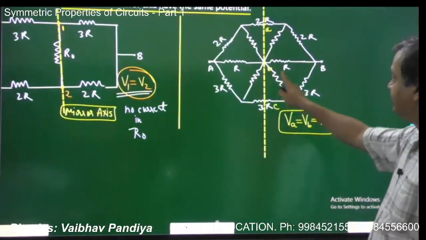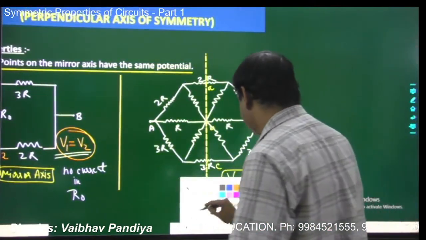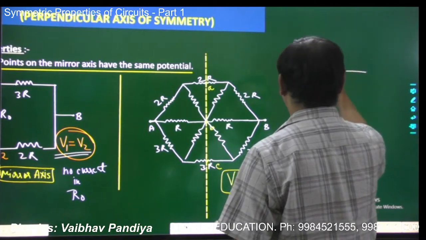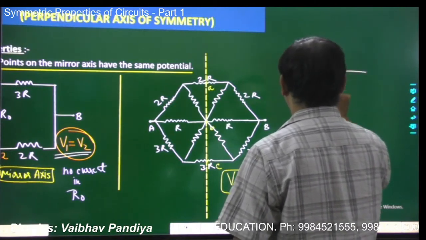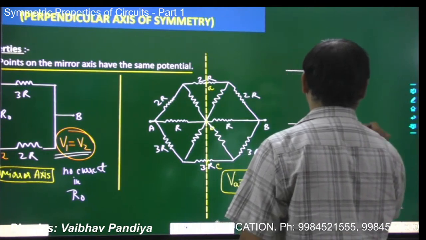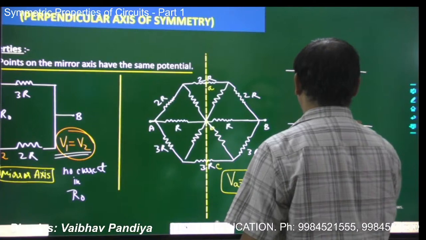Now in this case, remember one property. If you want to locate point A, say you have a resistor like this, 2R, and you have to divide it. So you can make it like this, 2 in series, R and R, with a point A in between.